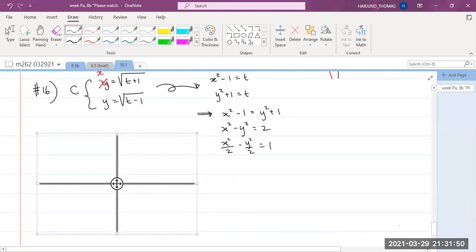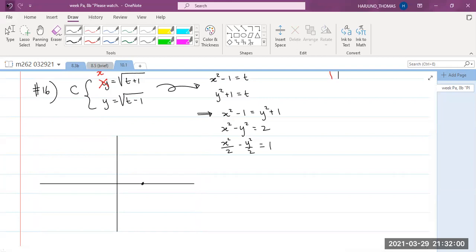It depends on how good your trigonometry or your algebra 2, to be more precise, the first time you learned it. Okay, but the x-intercepts are radical 2, 0, and negative radical 2, 0.